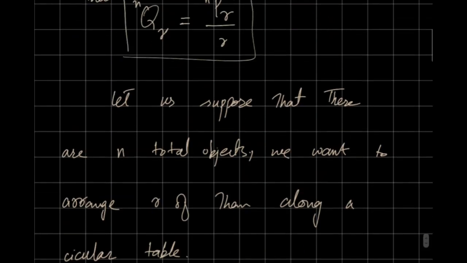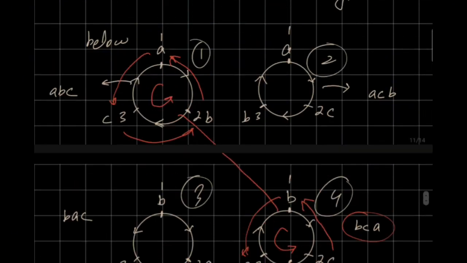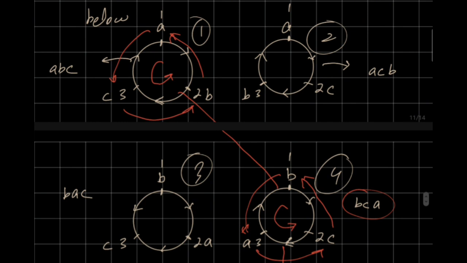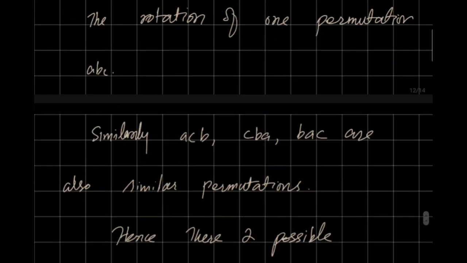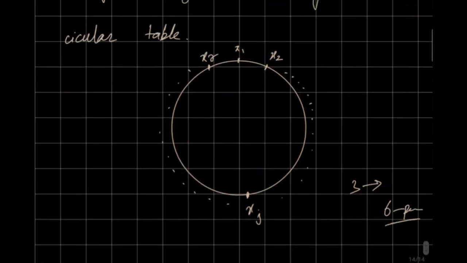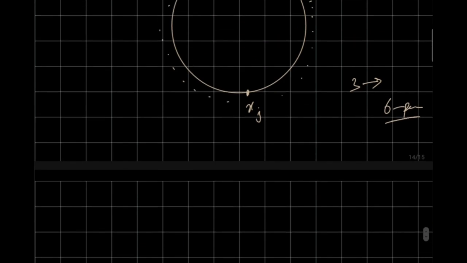You can see from the previous example, these three elements which are connected to each other are permutations which are identical. How were they obtained? They were obtained by rotating the first permutation clockwise or anti-clockwise. We rotated it anti-clockwise. Someone can rotate it clockwise as well. Okay, so first of all, we will rotate it clockwise.